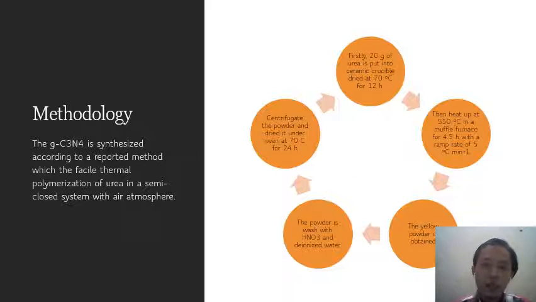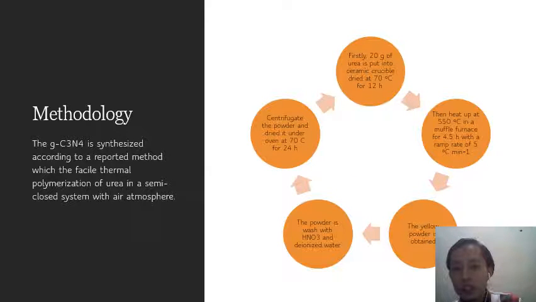Firstly, 20 grams of urea is put into a ceramic crucible, dried at 70 degrees C for 12 hours, and then heated up to 550 degrees C in a muffle furnace for 4.5 hours with a ramp rate of 5 degrees C per minute. And then a yellow powder is obtained.